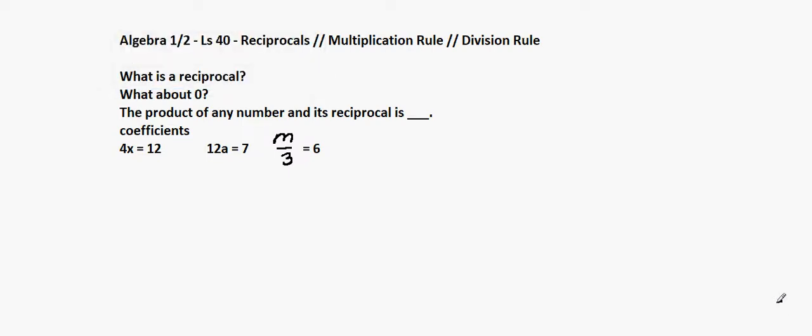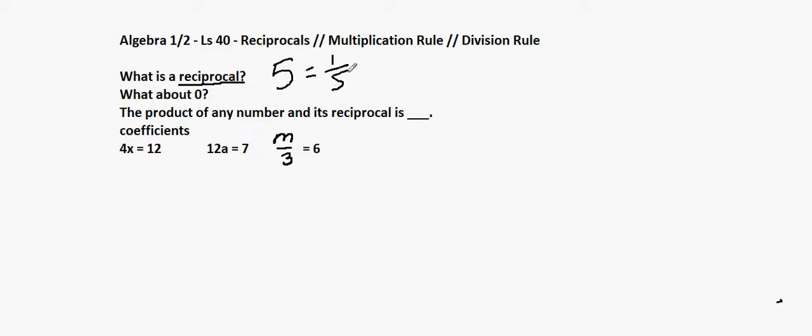Lesson 40, reciprocals, multiplication rule, and a division rule of equality. Reciprocals, review. What is a reciprocal? In any case, it's like an inverted fraction of the original number. Whole numbers can be written as reciprocals. 5 is just 1 over 5.